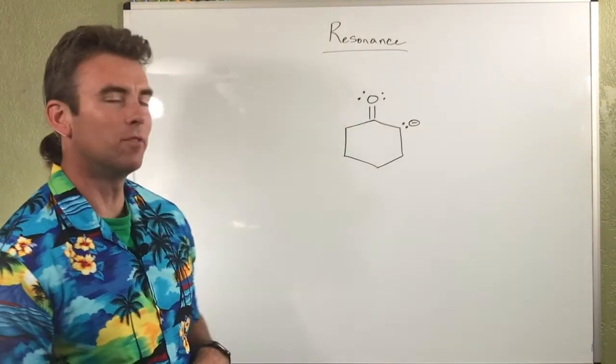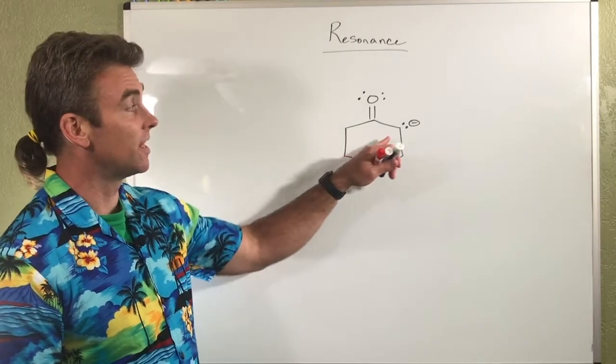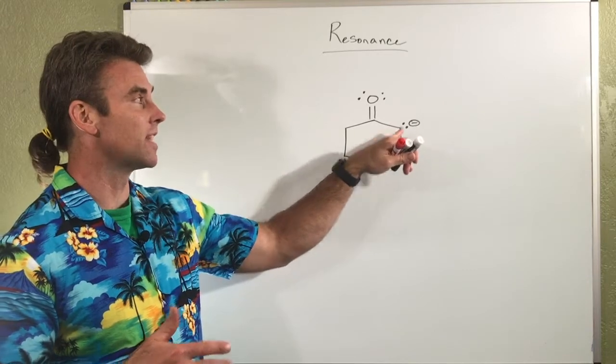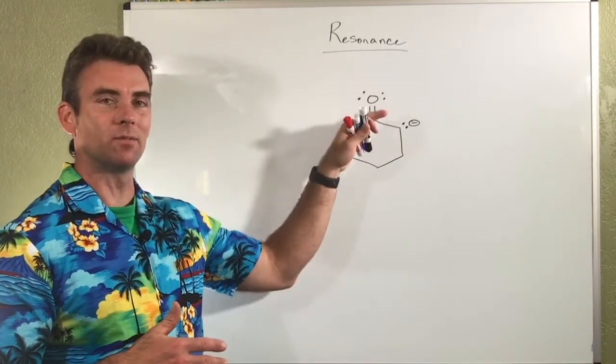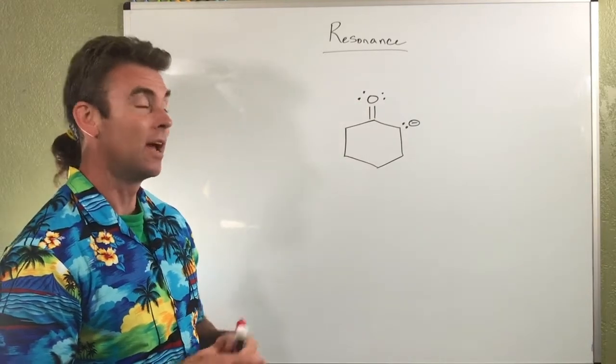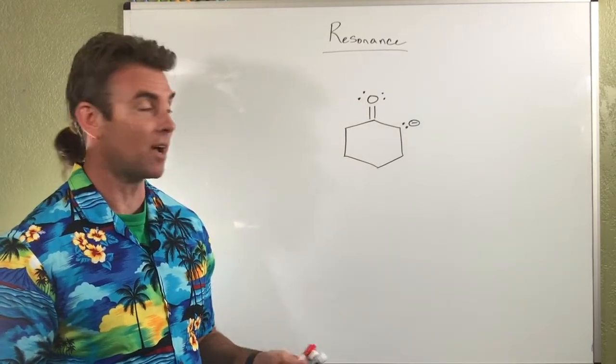Here's another example of where resonance is really likely. Notice that it's very similar to the last one, where we had some sort of charge that was exactly one atom away from something else with a double bond. Of course, this is a carbonyl, not an alkene like we saw before, but it's the exact same kind of thing.